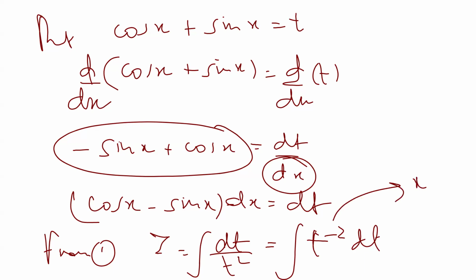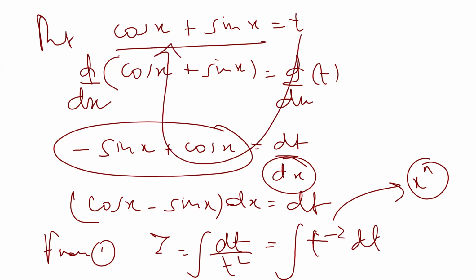Then you use x raised to n formula: x raised to n plus 1 upon n plus 1. And then replace the value of t with cos x plus sin x. Right? We'll go ahead with question number 19.